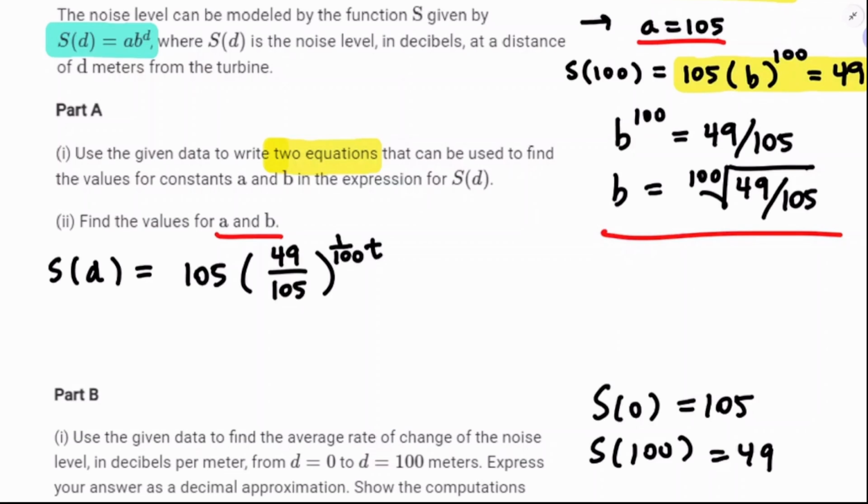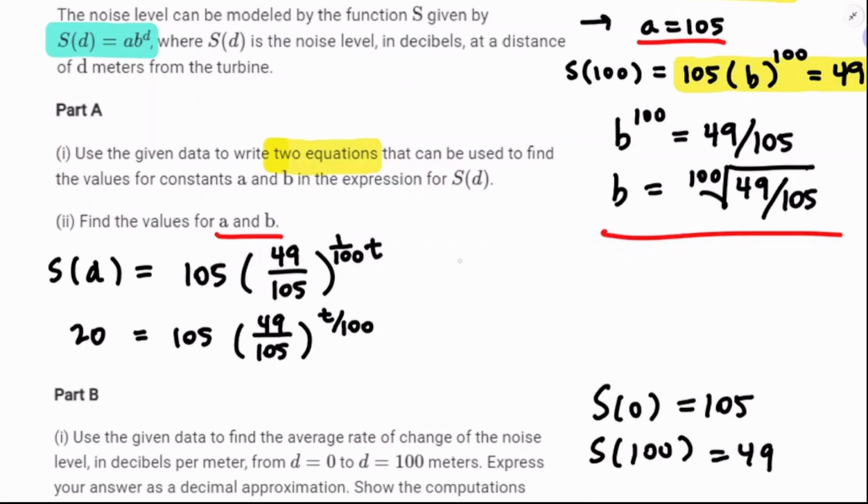All right, then, and y'all are probably not gonna like this, but I think what they envisioned was you graphing this function, graphing 20 and finding the intersection and reporting that value. But I'm just gonna solve this one exactly. I'm gonna say 20, the sound level, equals 105 times 49 over 105 to the t divided by 100 power.